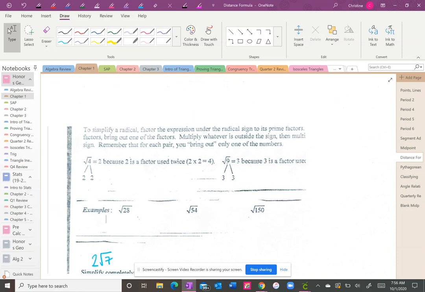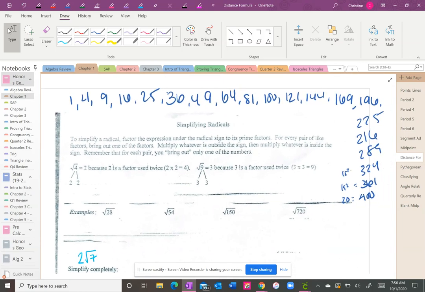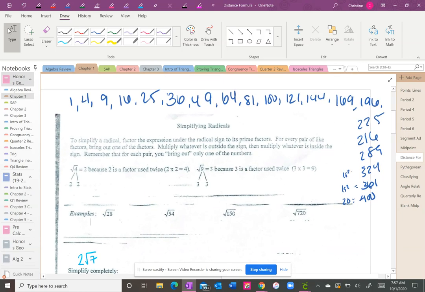From this list of numbers, you are looking for which number is a factor of 28. And there's only one of them. It's 4. So root 28 can be written as root 4 times root 7.